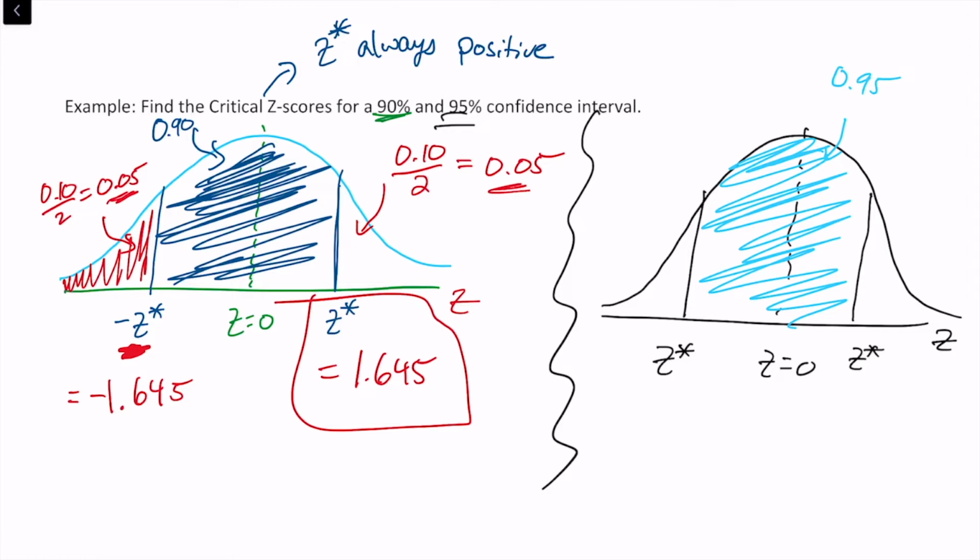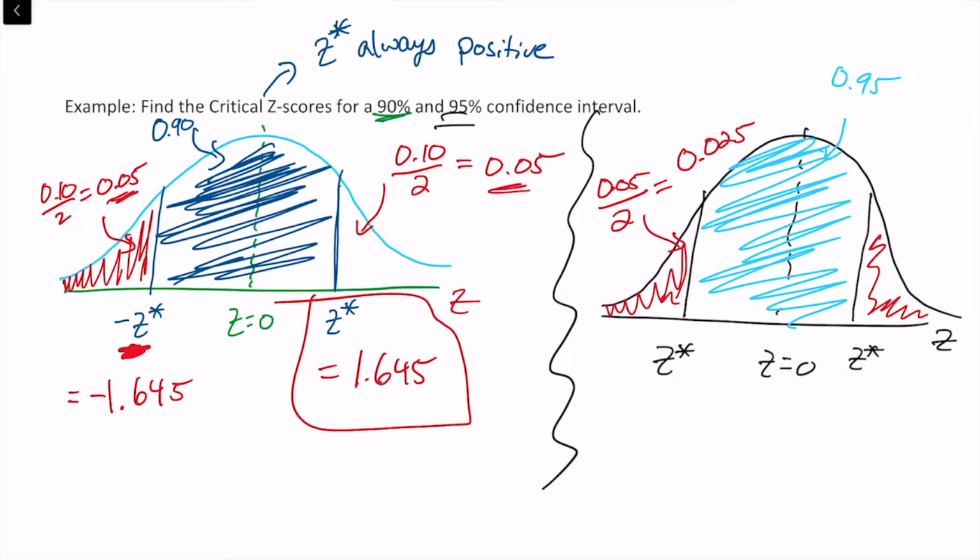Okay? So now what's the area, right? The unshaded area here in these tails. Well, if I have 0.95 that's shaded, that means I have 0.05 that is left over. Always take it and divide it by 2. So you take your unshaded area and divide it by 2. That gives us a 0.025.